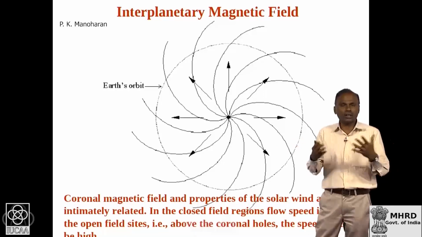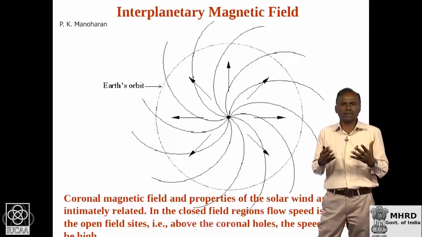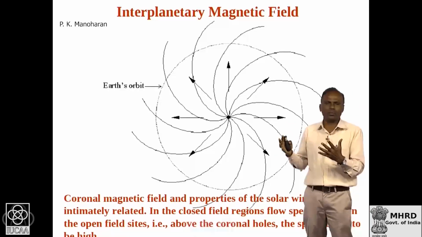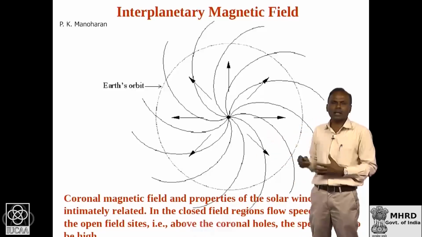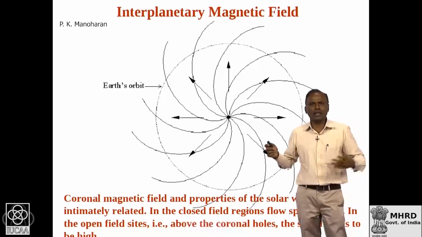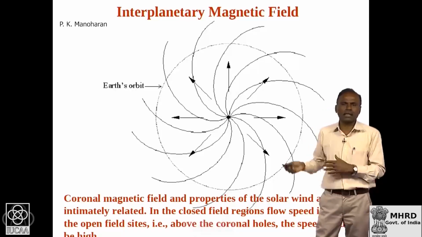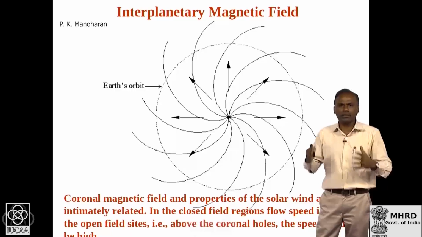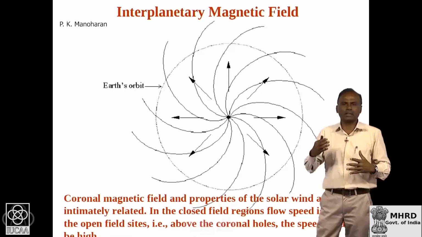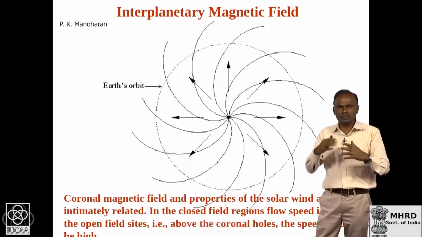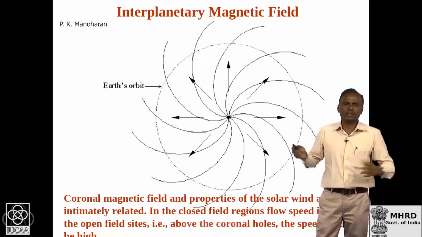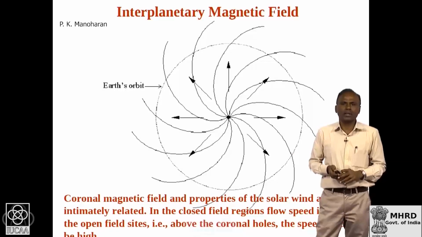Something like a coronal mass ejection flowing out with a speed of 2000 kilometer per second, the spiral can have a nearly straight line shape. So, the low speed solar wind forms a large curving magnetic field line, and high speed solar wind forms less curving magnetic field lines.